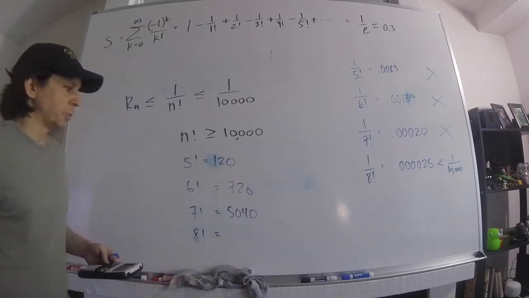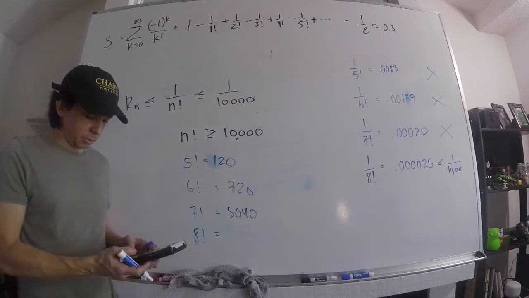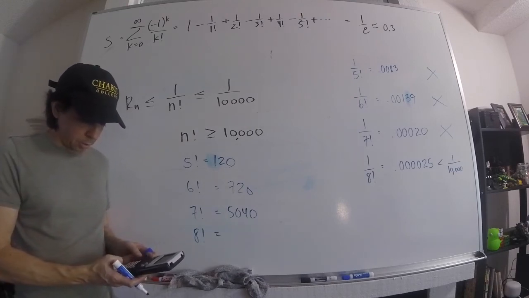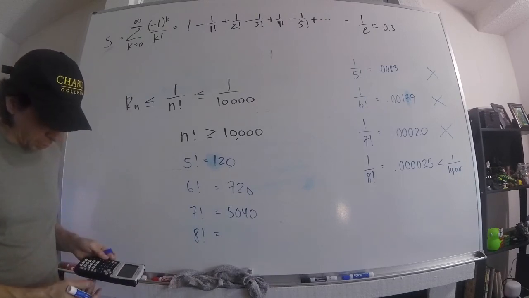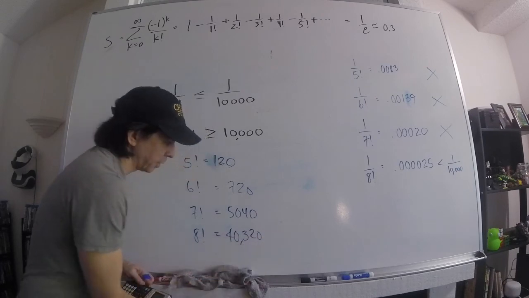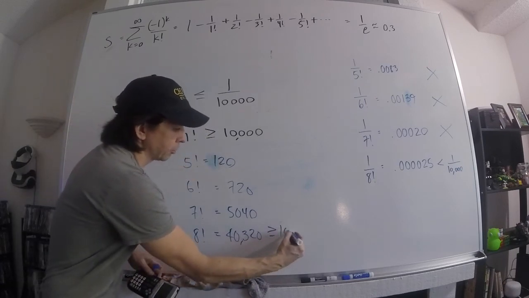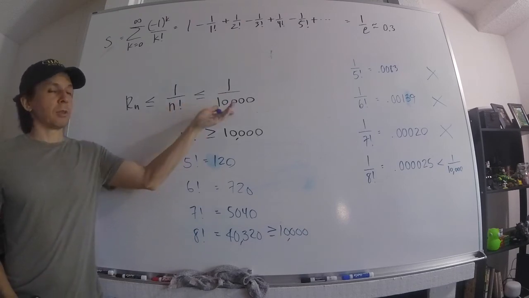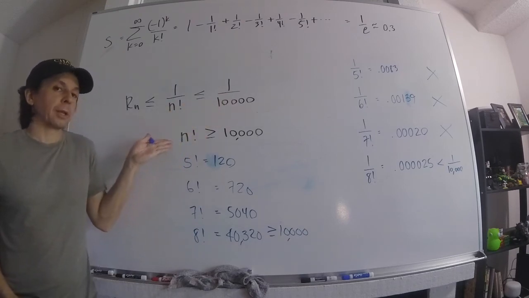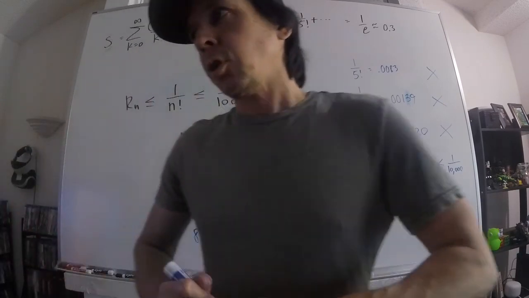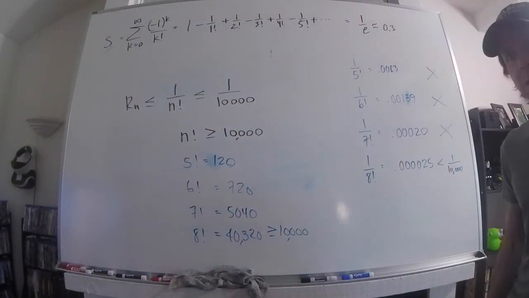And none of those is bigger than 10,000 until you get to 8. 5,040 times 8, right there, and we got 40,320. And so that's the one that is actually bigger than 10,000. So that's what she did, not doing literally this like I did. She manipulated a little bit so it would be easier to plug into a calculator and do the tests. Which, in retrospect, I absolutely agree with.